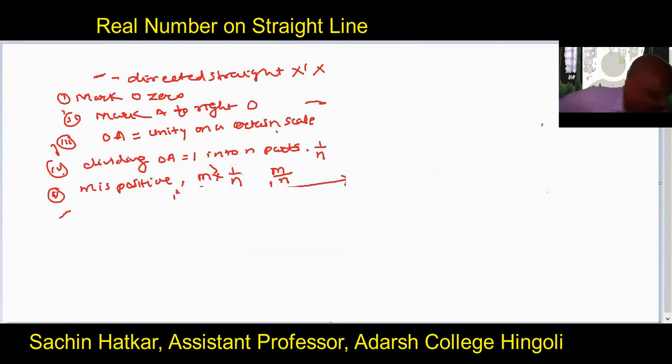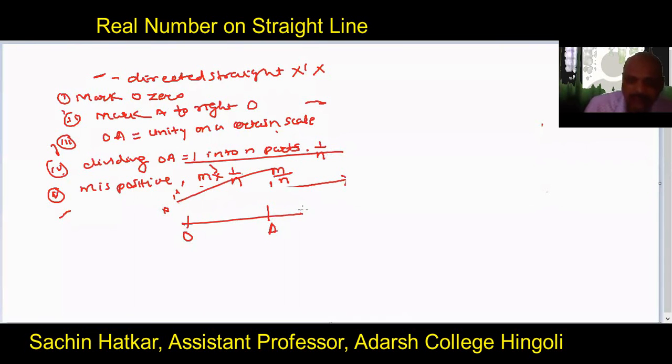Now, there are infinitely many rational numbers. Suppose this is OA, this is X, and here is X dash. This distance is 1, total distance, this is 1, this is 0.